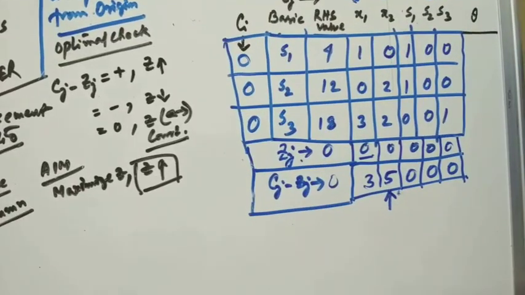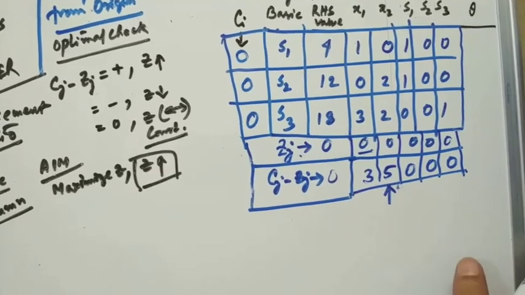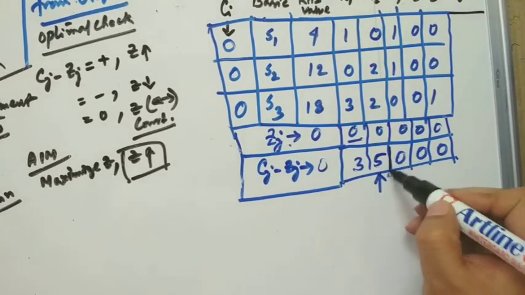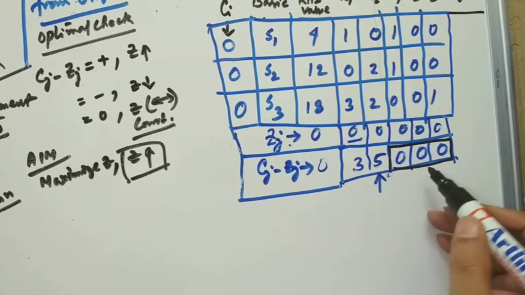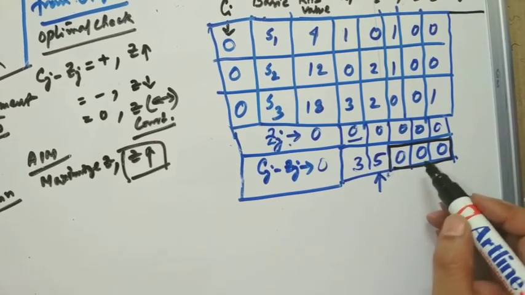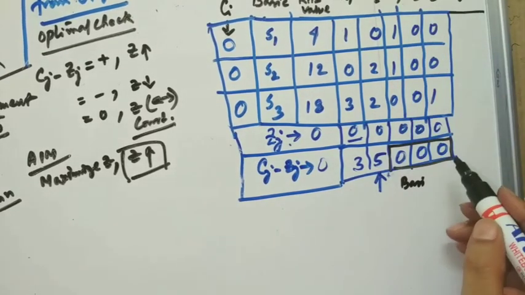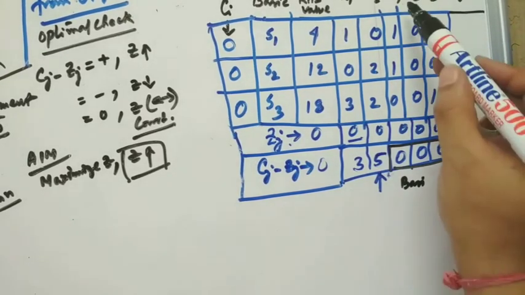Let us see. There are some terms I will write over here. These are always zero for basic variables. These are the basic variables: x1, s1, s2, s3.